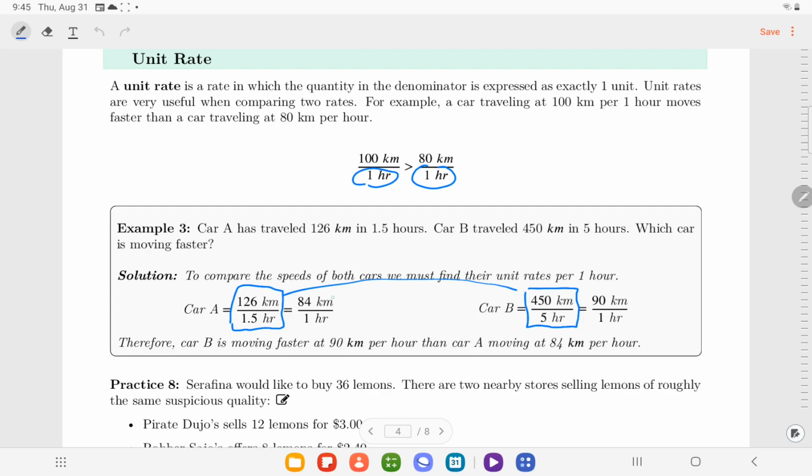We get kilometers per 1 hour, and that's 84 kilometers per 1 hour. Car B travels at 90 kilometers per 1 hour. Since they both have the same denominator, we can see that car B travels faster than car A.